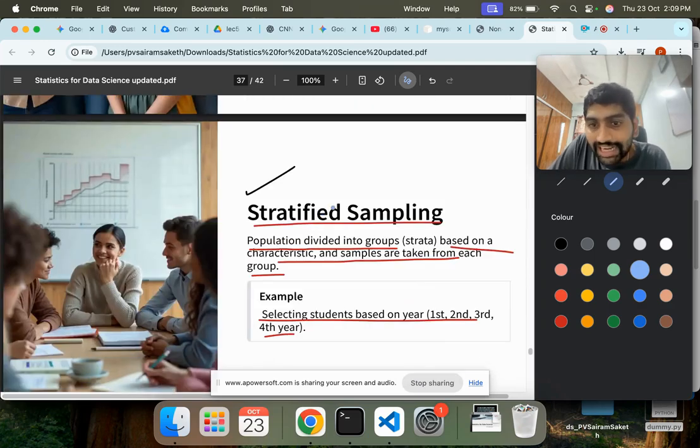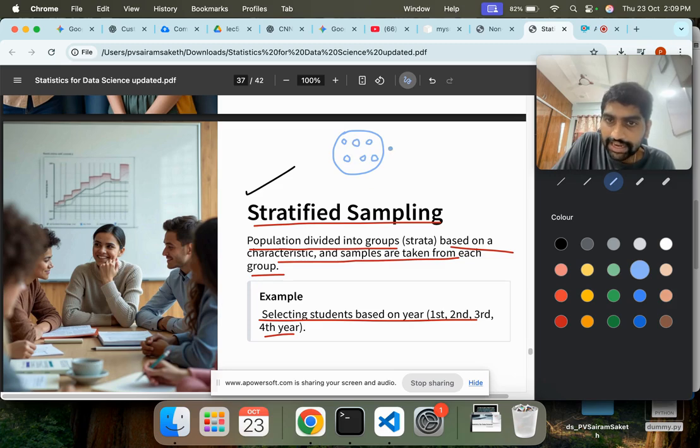Now in stratified sampling, what have we done? We first take the population. Let's say these are the 6 elements, and out of these 6 we have to create the samples. So how do we create the samples? Based upon the groups.